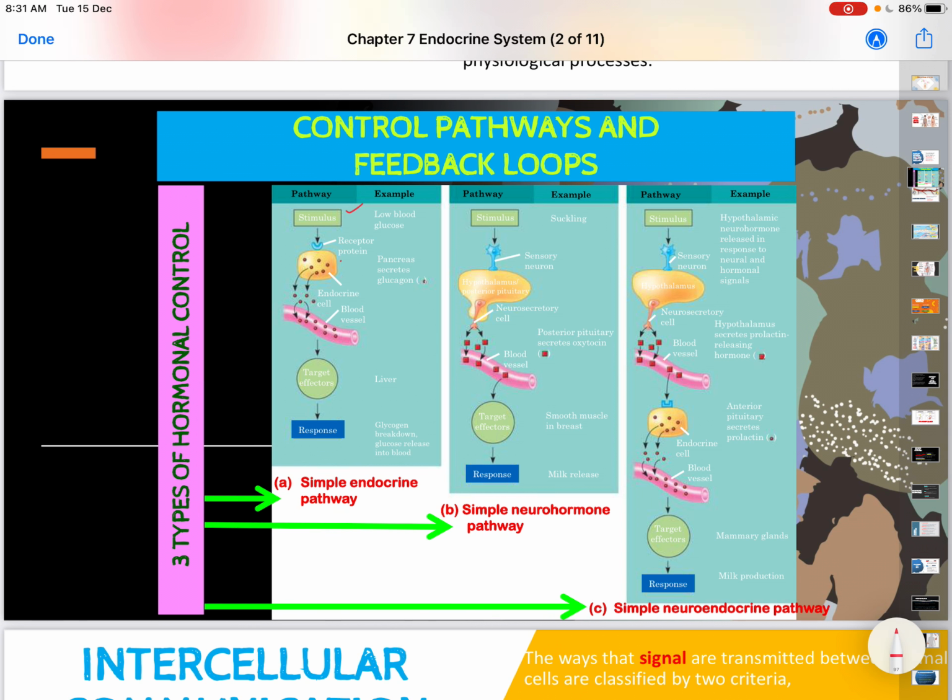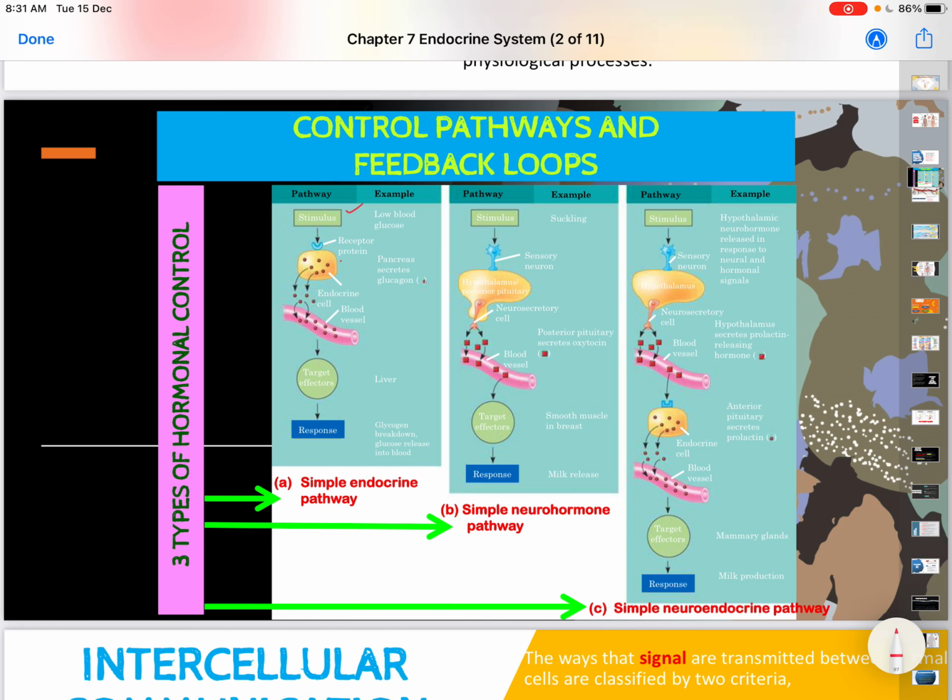This endocrine cell will release hormones into the blood vessel, and then they go to the target effector or target organ. For example, when there is a low blood glucose level, the chemical messenger will go to the endocrine cell, which is the pancreas, and then the pancreas will secrete glucagon hormone.